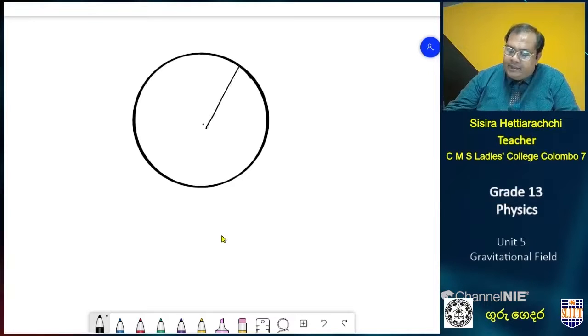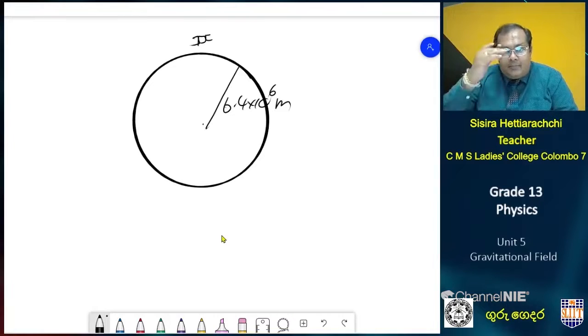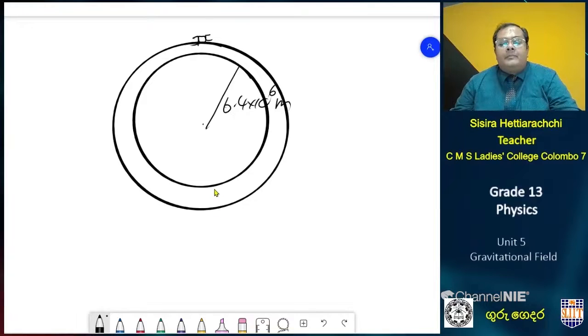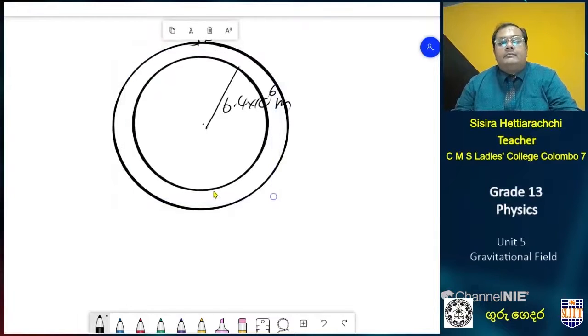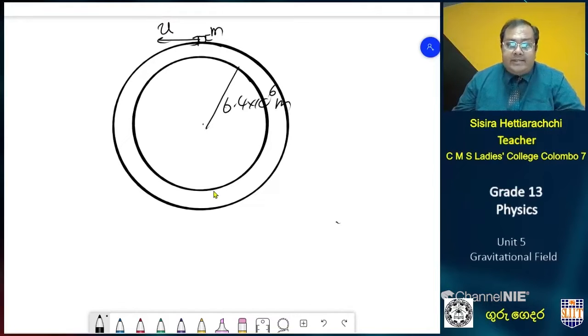Earth radius is 6.4 × 10^6 meters. The satellite is closer to the Earth, say 50 kilometers above the surface, and travels along this circular path. We studied that. Then how to define that velocity? Let v be the velocity, let m be the mass of the satellite. Distance we know, it is approximately equal to the radius of the Earth.